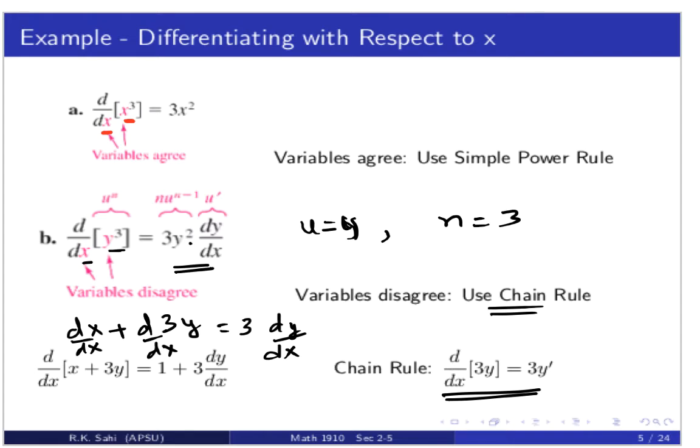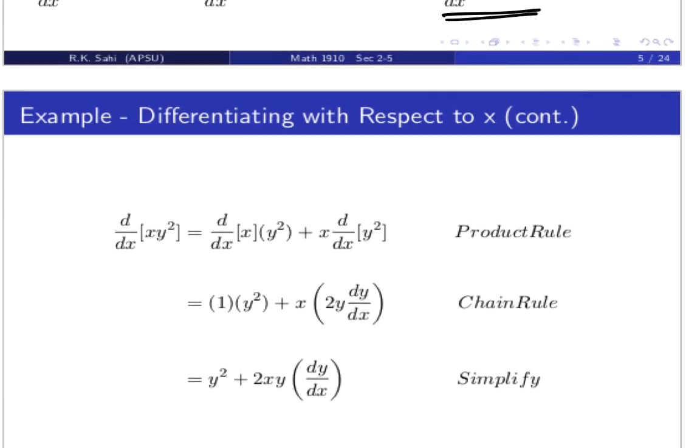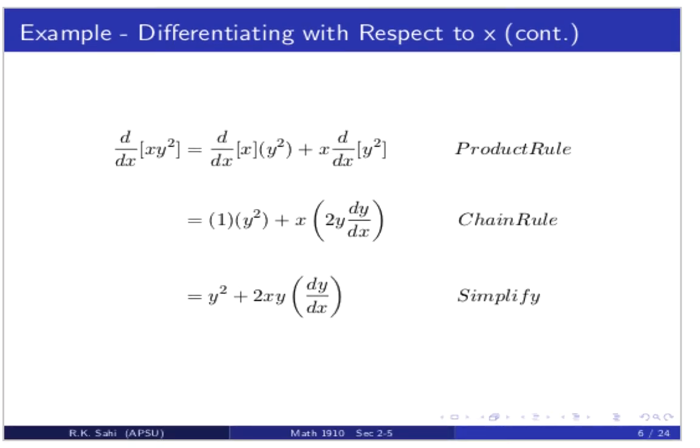Okay, let's look at another example. We're looking at the differential of xy squared. Now, the first thing you notice is in this one, you have to apply the product rule. So my x is the first function, y squared is the second function.